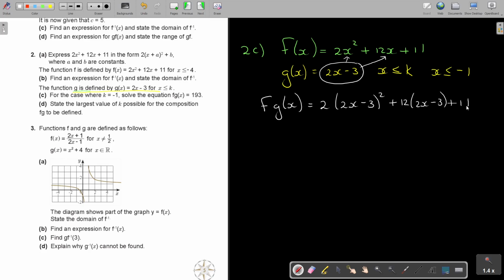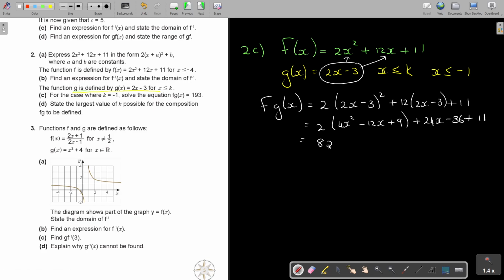We can first work this out. So it's 2, then if I do the short way, I square the first term, I multiply with each other, so it's negative 6x, multiply 2, so it's negative 12x, plus 9, and then I multiply in, so it's 24x minus 36 plus 11.